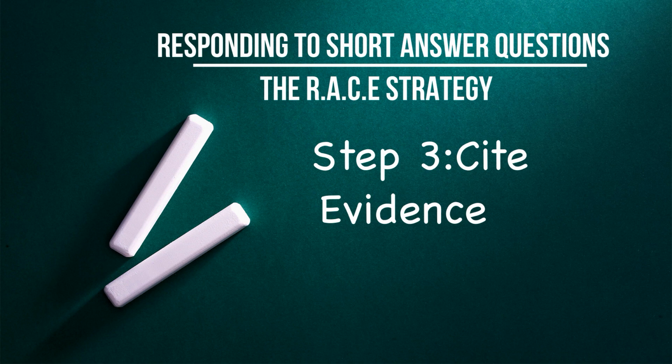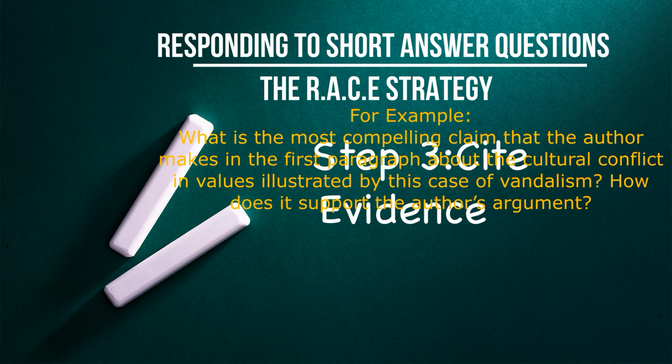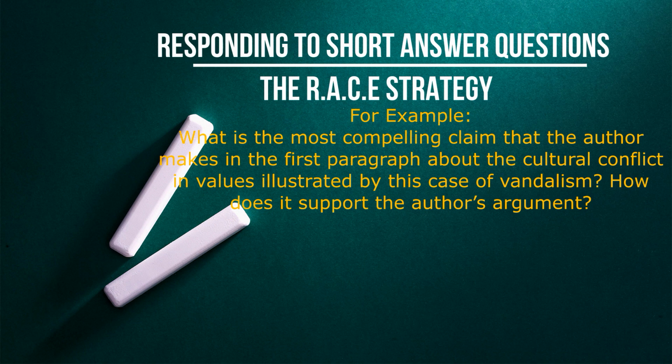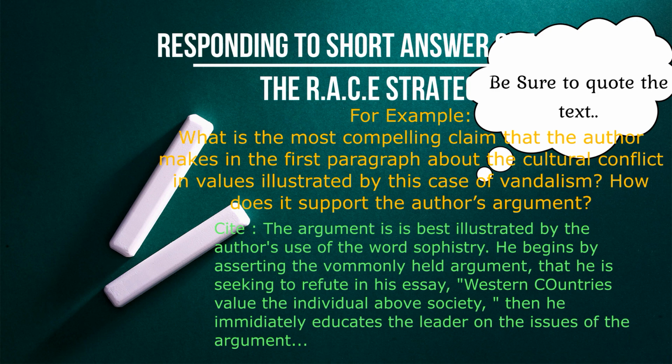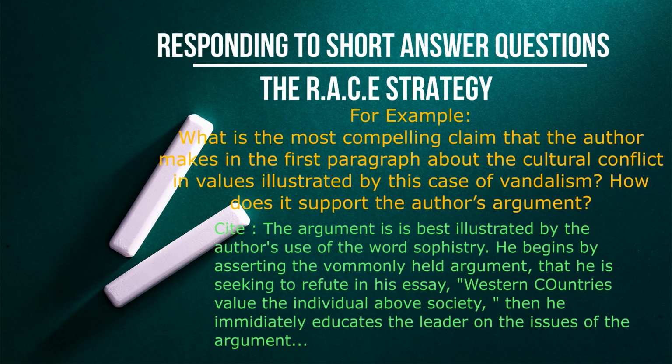The next thing I want to do now is cite evidence because I know that a good answer also comes with evidence. So I go back to the text and I look for the words that show me the author's meaning and I quote the text. So if you see here, I have made sure to quote the text and use quotation marks to do so. The next thing I'm going to do now is do my final step, which is step 4, and that is to explain my answer.